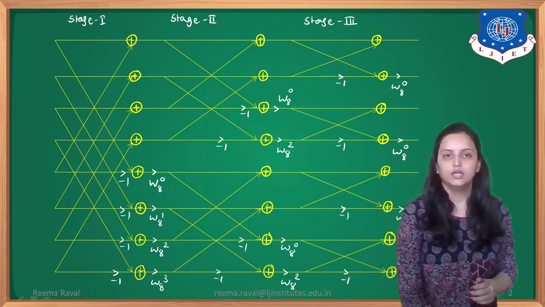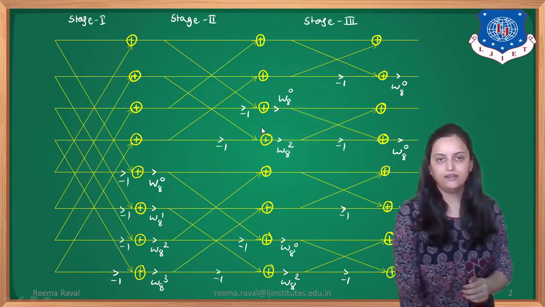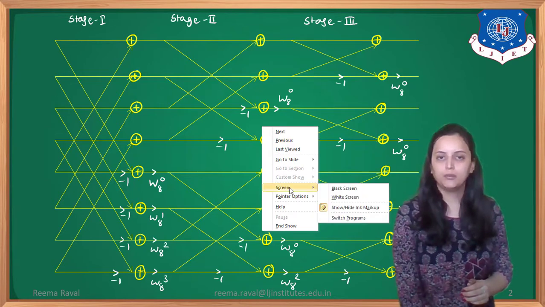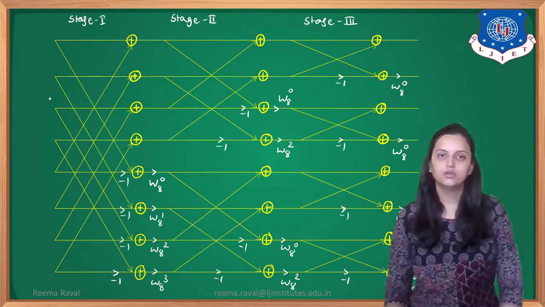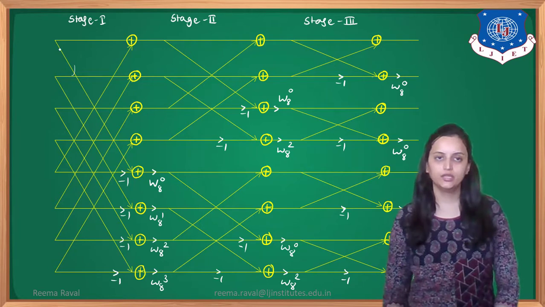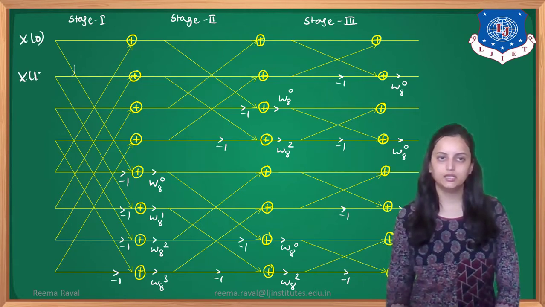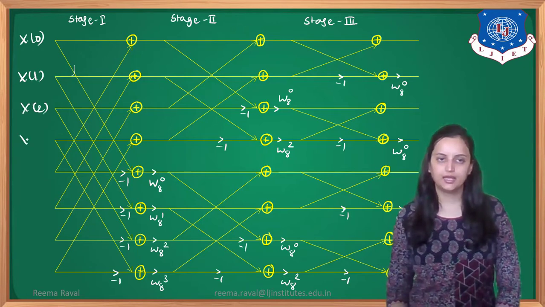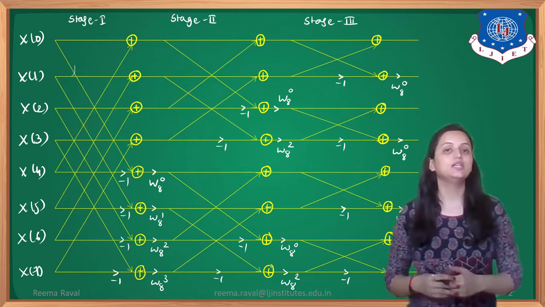Here we are calculating for N equals 8, that is an 8-point DFT. The number of stages is equal to 3. Let us write down the input and output notations. The input is x of 0, x of 1, x of 2, x of 3, x of 4, x of 5, x of 6 and x of 7, which are in order.